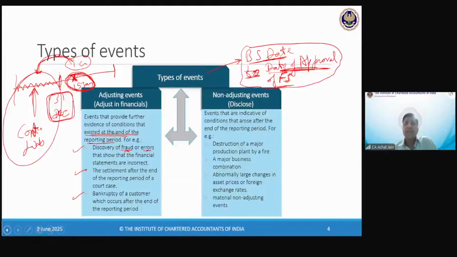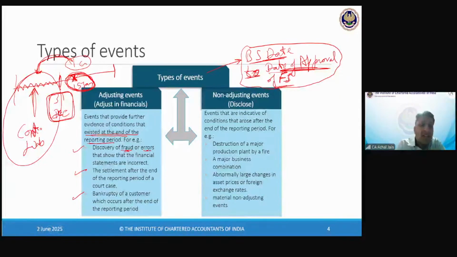It says that if there is an event for which no condition existed as at the balance sheet date, unlike what we saw in case of adjusting event, no condition existed as on the balance sheet date, then you will call it as non-adjusting. Now, what is the meaning of non-adjusting? You will not adjust that in the financial statements for the reporting year.